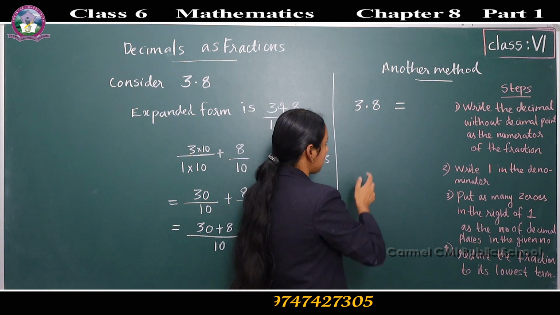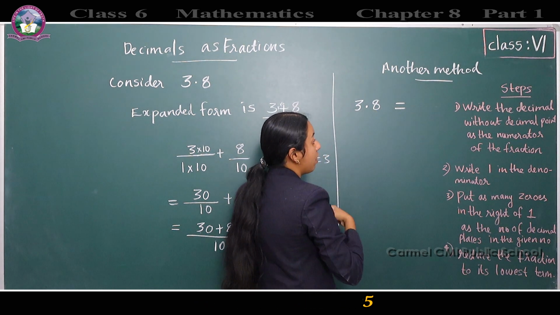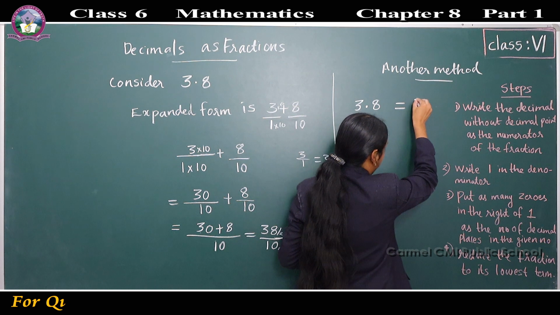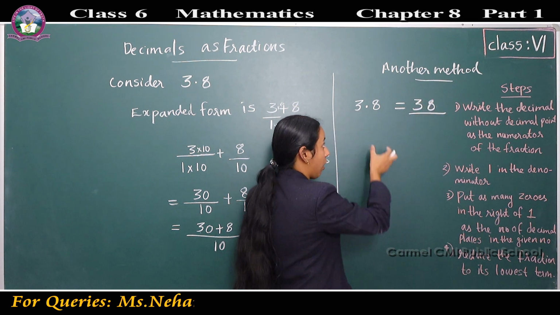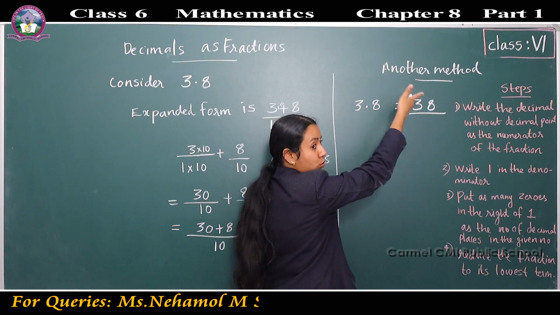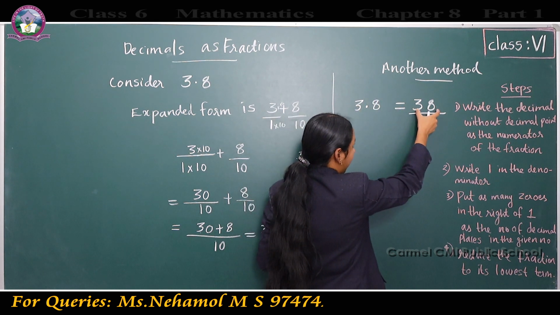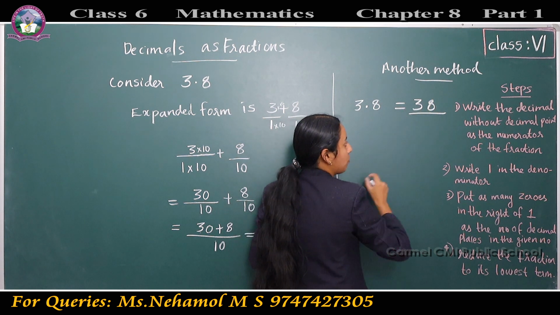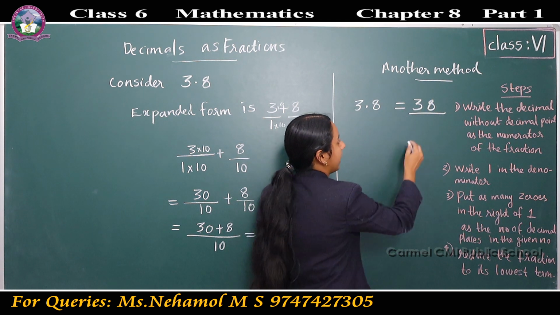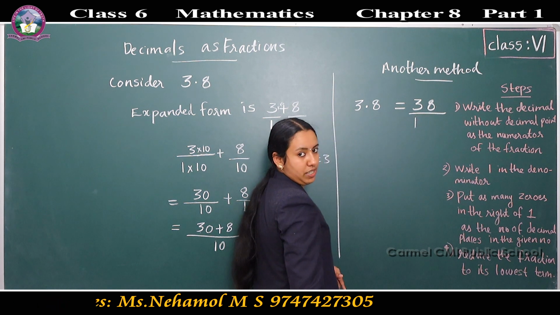3.8. First we have to write the decimal without the decimal point as the numerator of the fraction, then write 1 in the denominator.